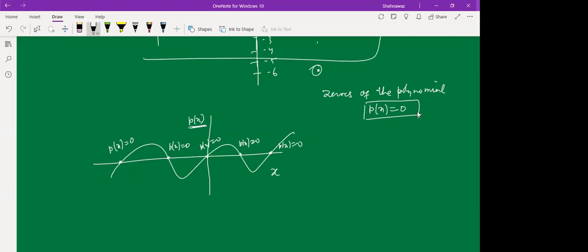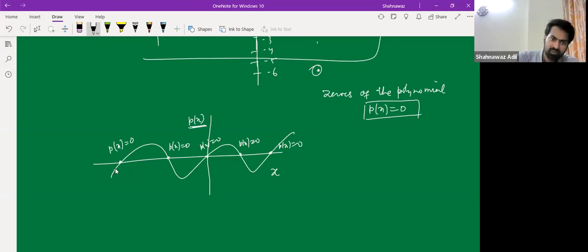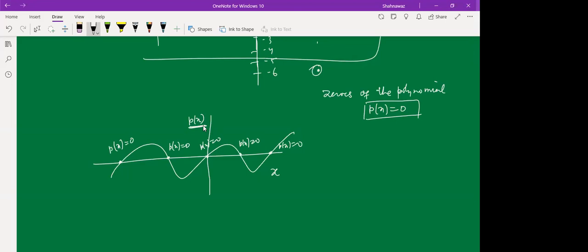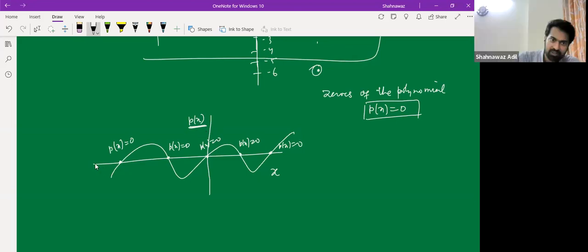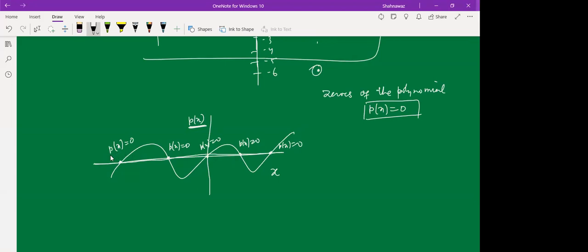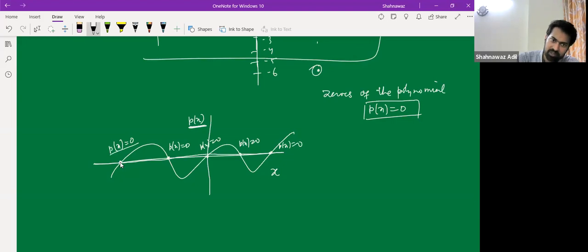So as I was discussing, on the y-axis, what do we have? p(x), right? And on the x-axis, the value of y is 0, right? This means that the value of my p(x) is 0 at this point, 0 at this point, 0 at this point, and so on.